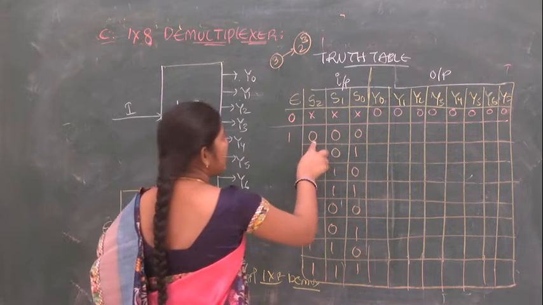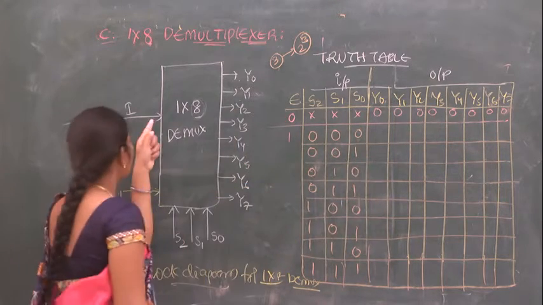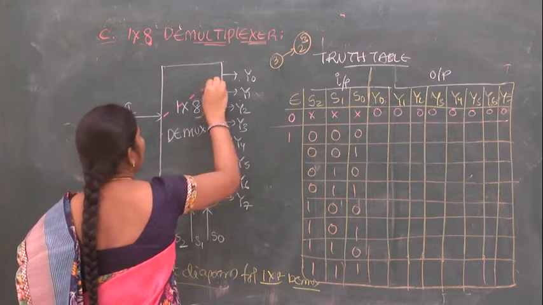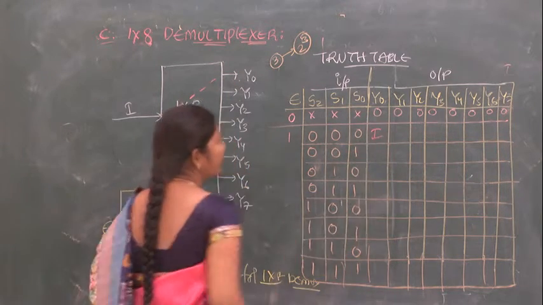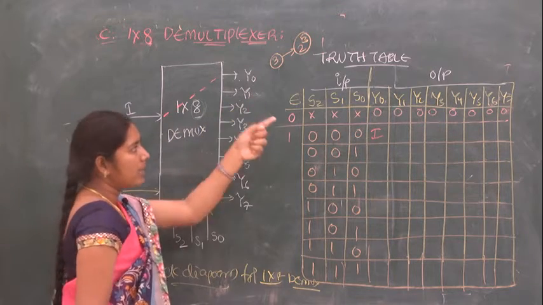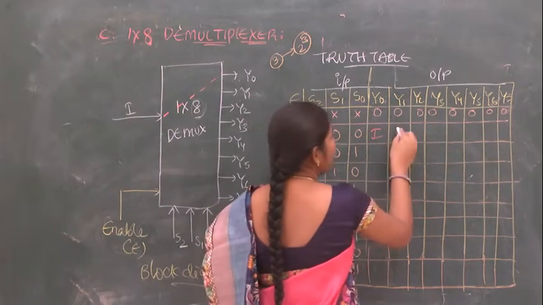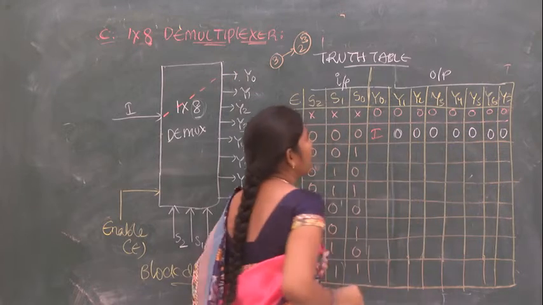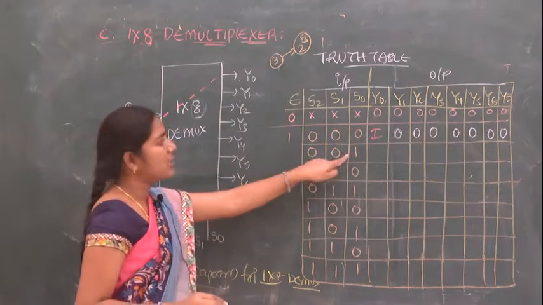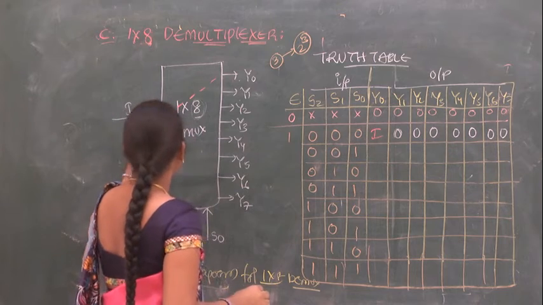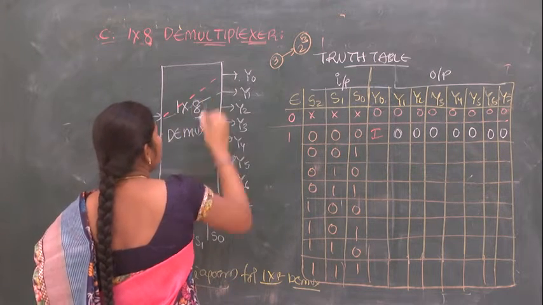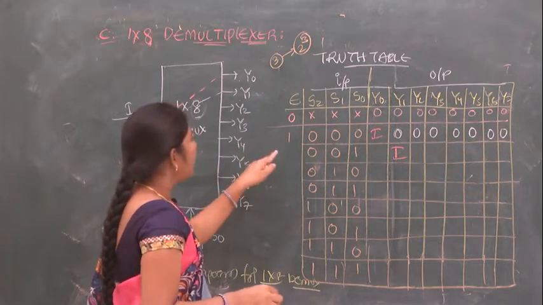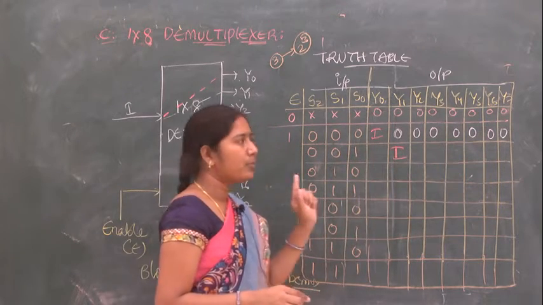Okay. For the first combination, 0 0 0, I data will be transferred to Y0 itself. I is transferred to Y0 means the remaining output values are all 0. Similarly, for 0 0 1, I data will be transferred to Y1, and the remaining are all 0.